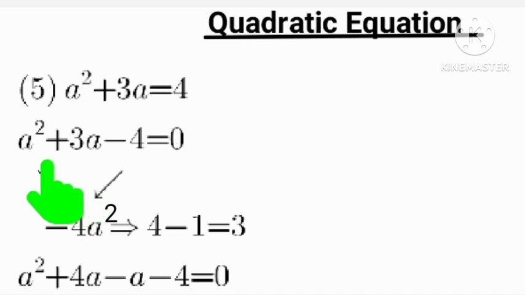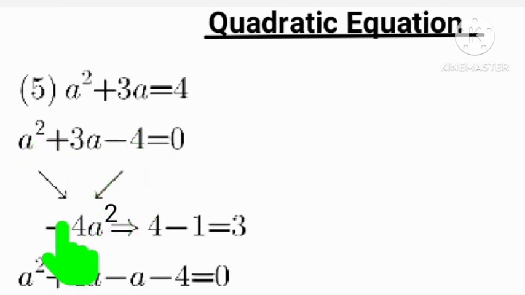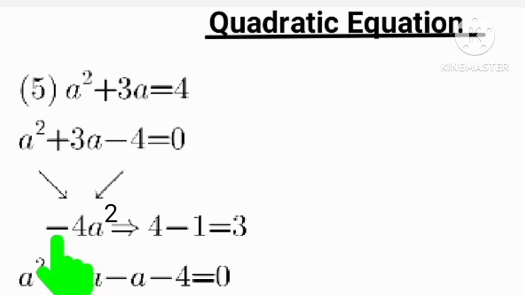Now what do we do next? We multiply the first term and the third term together. Once we multiply them, we are going to have negative 4a squared. What I used to advise people to do is forget about the a squared and focus only on negative 4, in order to find the factors of negative 4 that can also add up to positive 3.